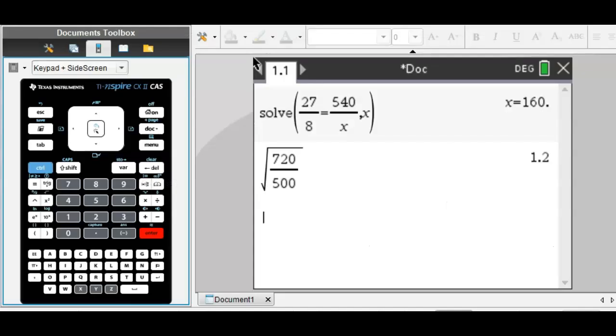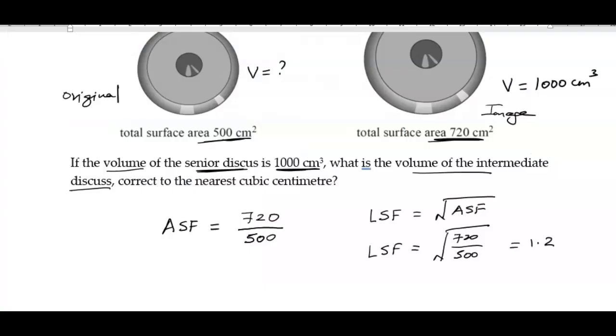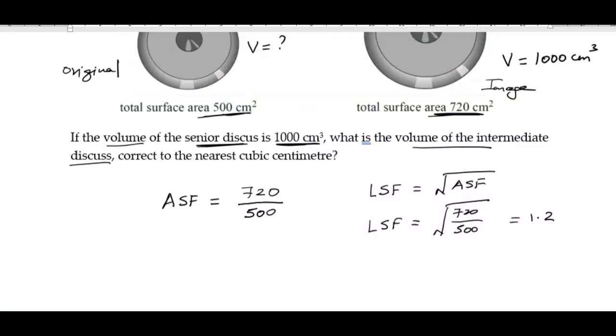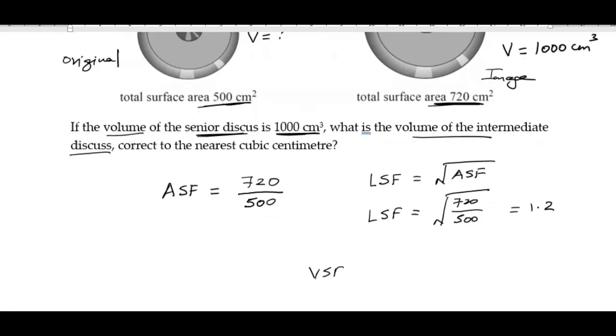Now, in order to avoid any rounding errors, which is not the case here, I got the answer as 1.2, which is an exact value. In some cases you might have a recurring or non-terminating decimal. What I suggest in terms of finding the volume scale factor is, instead of rounding the values and cubing, because from here onwards I need to work out my volume scale factor, and the volume scale factor can be found by the length scale factor to the power of 3, we need to avoid rounding errors as much as possible.